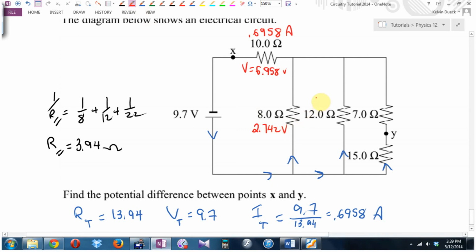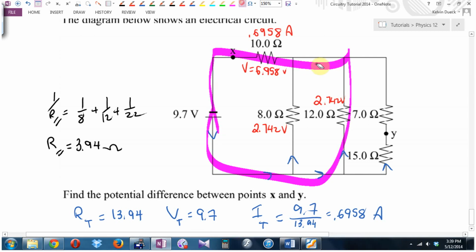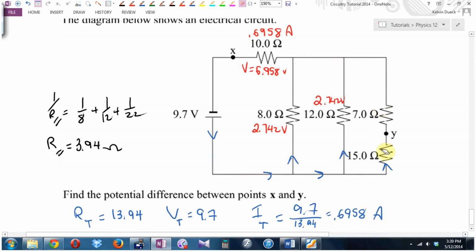And you know what? This is also going to be 2.742 volts because you can go that way if you want. Oh, and these two will add to 2.742 volts. So if I can find the voltage in one of these, then I'll see what I get from here to here.